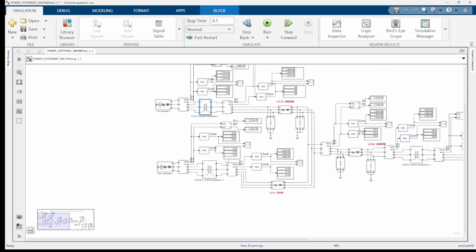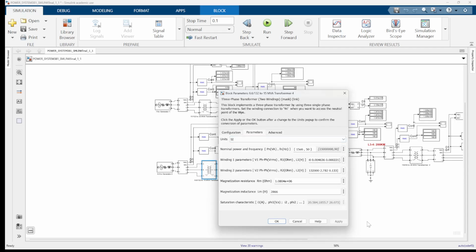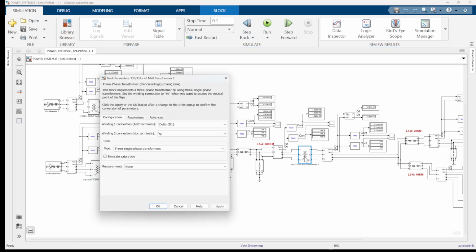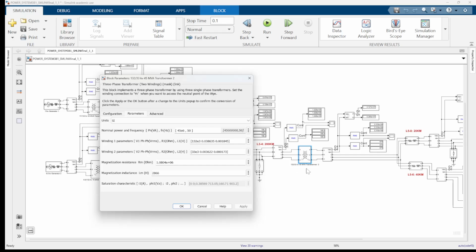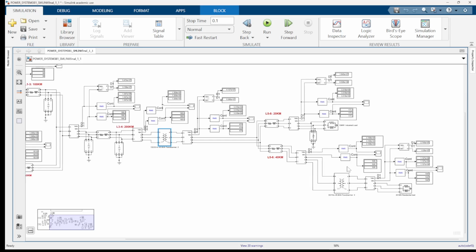Similarly, transformer 2 here with these parameters. This is transformer 4. This is transformer 3. This will step down the voltage from primary side 132 to 33 kV, and we have another transformer here, which also steps down the voltage from 33 to 11 kV.